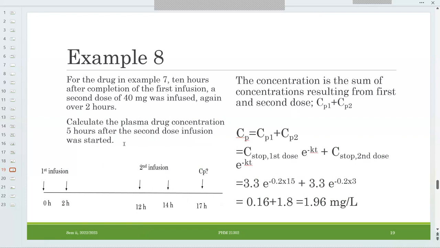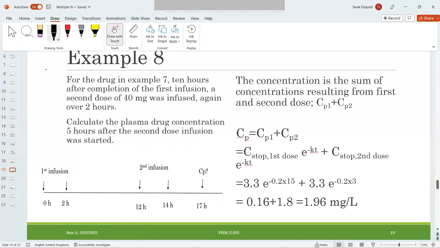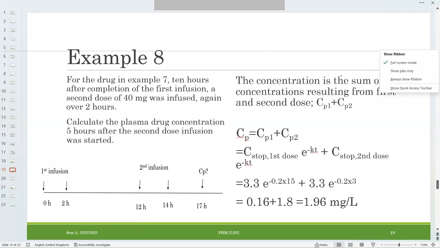So let's imagine what's going on. The same as in the previous example, infusion was given for 2 hours and then was stopped. The level, of course, will decrease after this. Then we said 10 hours after completion of the first infusion.